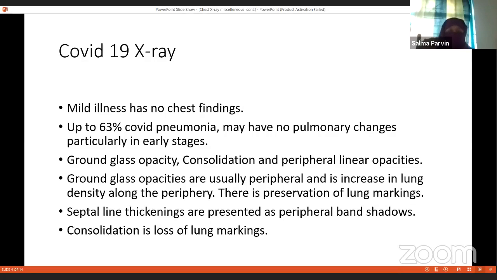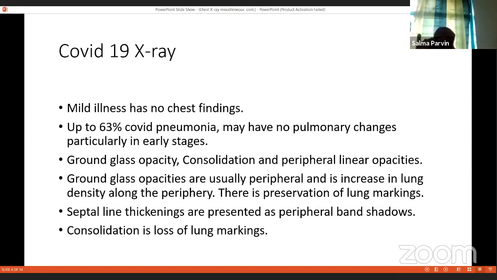The ground glass opacities are gradually associated with consolidation and peripheral linear opacities. Ground glass opacities are usually peripheral, with increased density of the lung. There is preservation of the lung markings. This is the difference between ground glass opacities and pneumonic consolidation in COVID-19 X-ray.